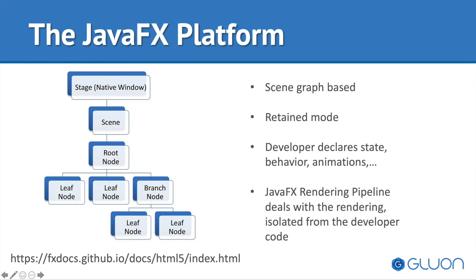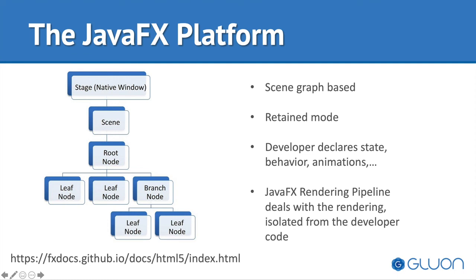That is the scene graph that JavaFX maintains internally. Developers declare the state of this scene graph, and they declare the animations and so on. But JavaFX works in a retained mode. So the developer just tells what he wants to do, and then JavaFX will make sure that it's being rendered.